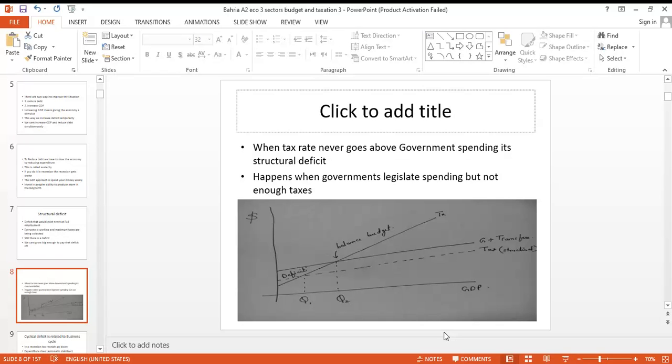So the budget will not be in balance. And look at the situation on the right side of Q2. Here the taxes are higher, and the government expenditure, of course, is lower. Therefore, this situation is called a budget surplus. In the middle, where there's a crossover between the TX and the G plus transfer line, that is the situation where the budget stands in balance.